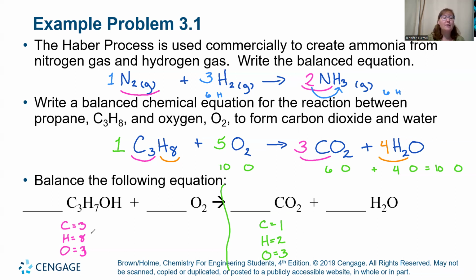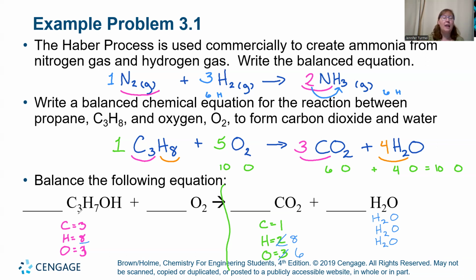Let's work through a couple things. Notice here that I have 8 hydrogens, and here I only have 2 hydrogens. So I'm going to add in a 4, like this. Now I can see that I have 8 hydrogens here and 1, 2, 3, 4, 5, 6 oxygens.